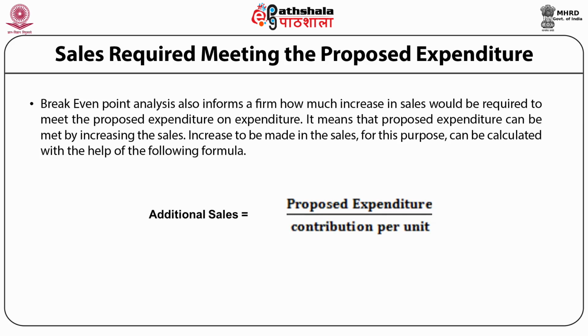Suppose the company wants to increase its expenditures by rupees 1 lakh and its present contribution per unit is rupees 50. So 1 lakh divided by 50 means the company has to increase its sales by 2000 units.